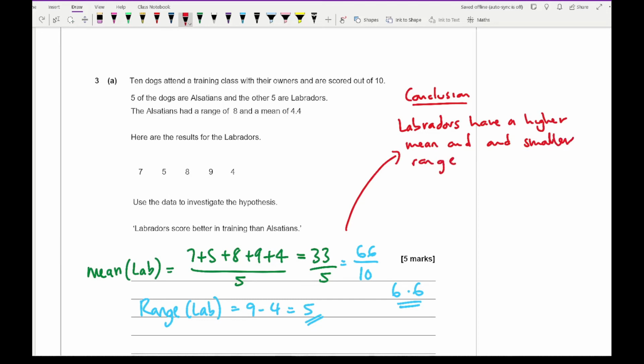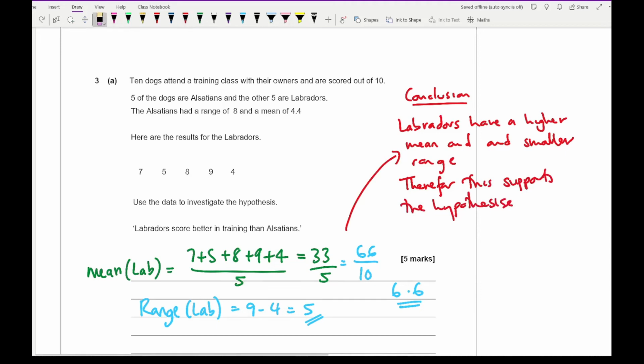And then once you've commented on your calculations, you then want to say, does this support or go against the hypothesis? And so therefore this supports the hypothesis.